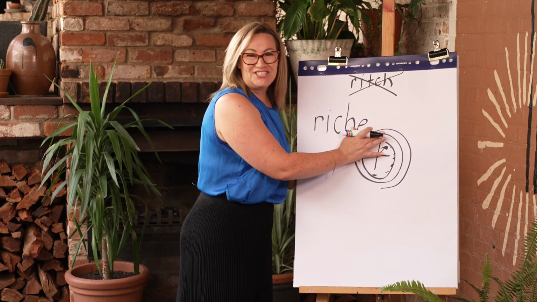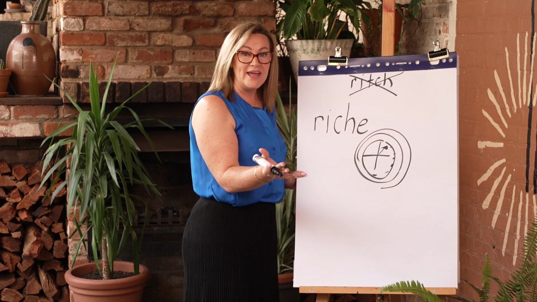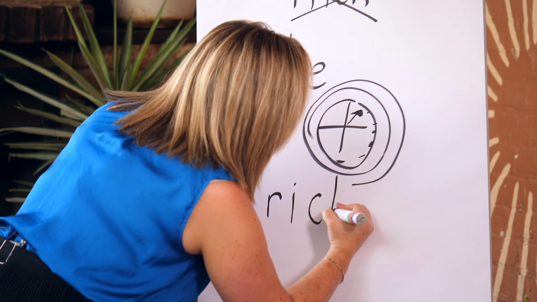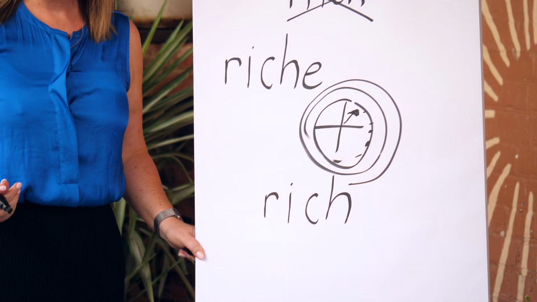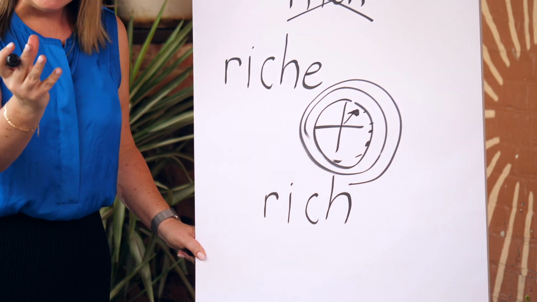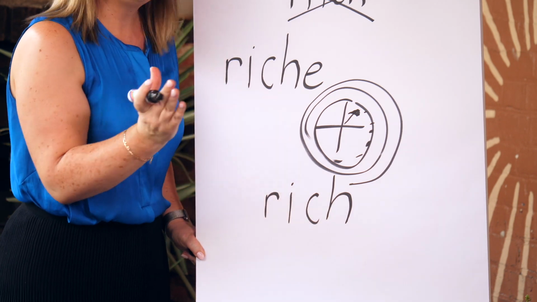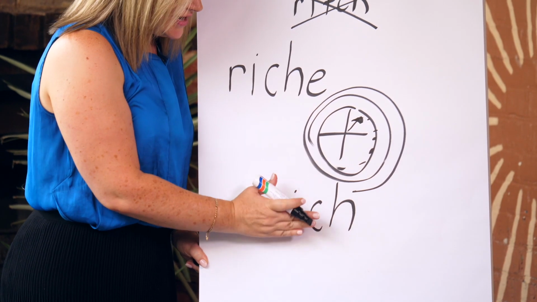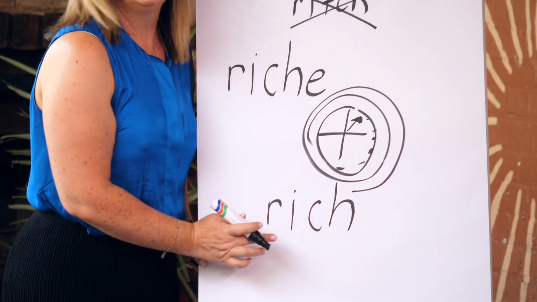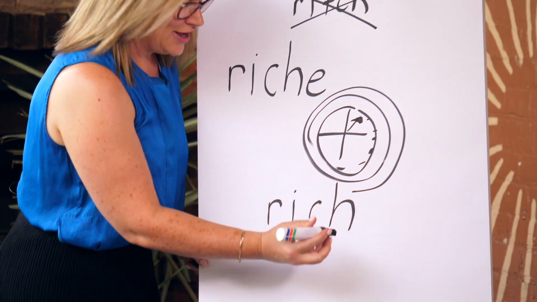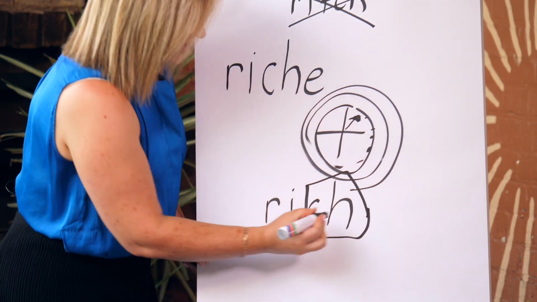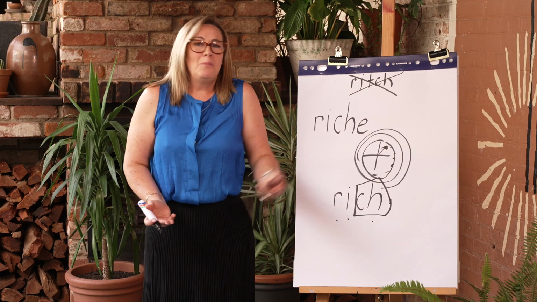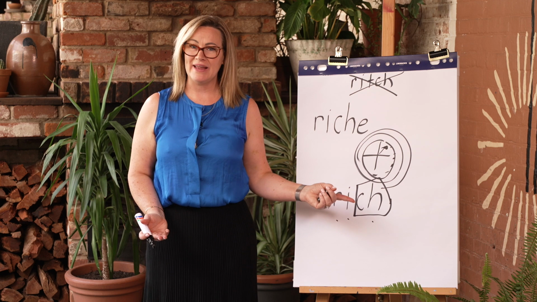And riche changed from Old French to our modern spelling of riche. But you can see that the pronunciation didn't stay. We kept some of this French spelling, but the pronunciation changed from sh to ch. So now we end up with rich, ich. Short vowel, but we're going to be using the CH spelling.